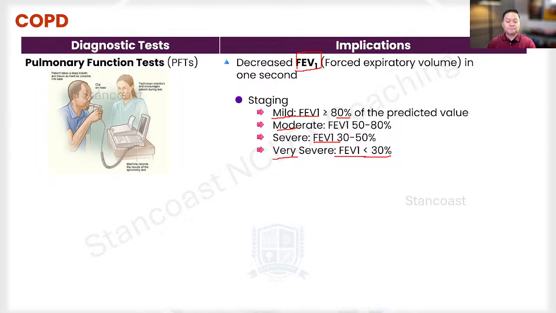So meaning they're actually retaining a whole lot of the air inside the alveoli. That's the easiest and simplest explanation about the FEV1. The greater the amount that is retained, or they're not able to exhale within 1 second, then the severe form of COPD is going to be diagnosed.